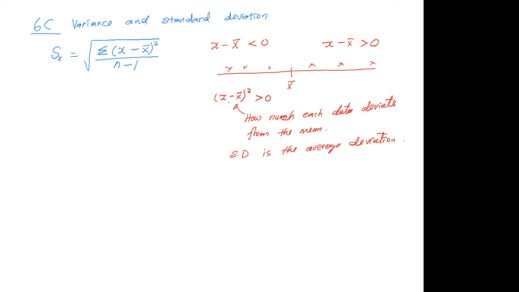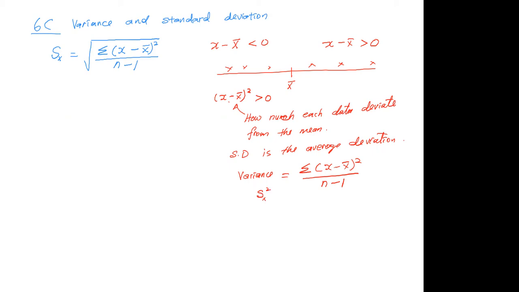So that's why variance is without the square root. That's it. So variance has no meaning. Are you clear? That's why variance we always write as standard deviation squared.